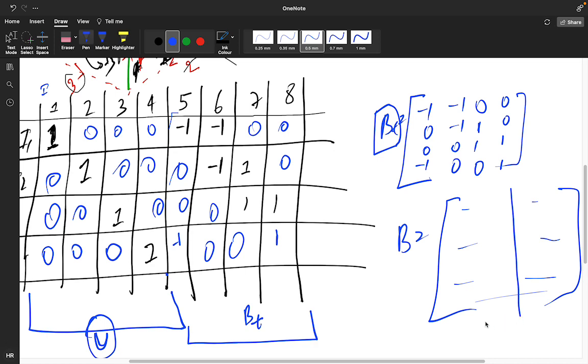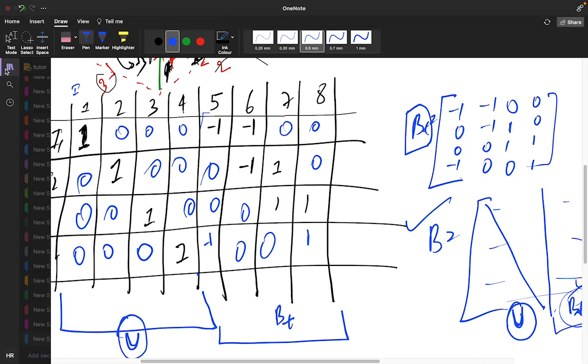Up to this part it will be U, and this part is BT. So you directly represent all the things like this. This will be your Tieset matrix. From where you are getting the diagonal elements, it will be your U, and where you are not getting the diagonal, it will be your BT. So you can directly represent the whole matrix like this. Is this clear?